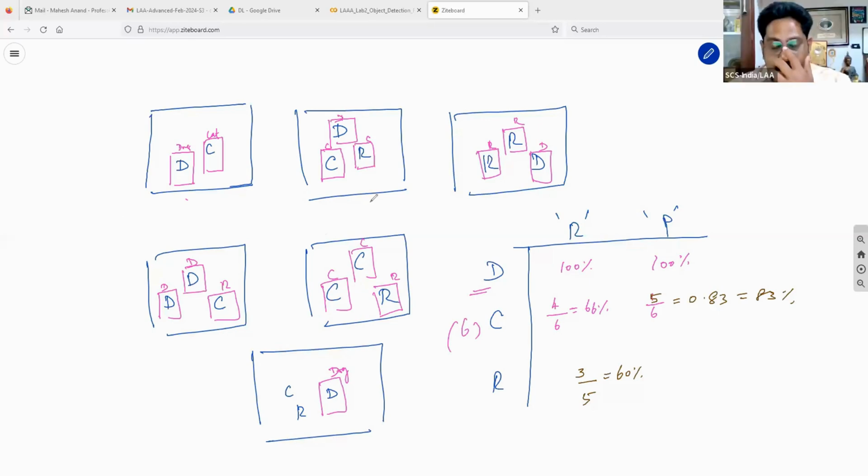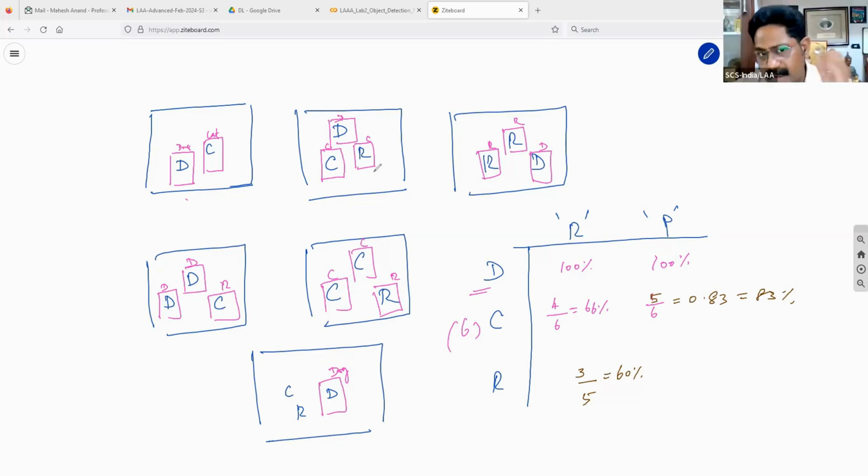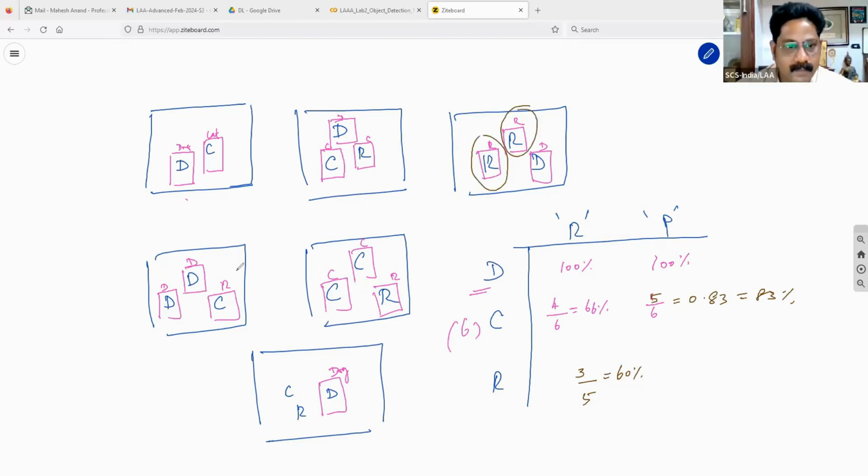So first, let me mark where all the rabbits are. Okay, this is one rabbit. How many records does the model retrieve as rabbit? How many pictures is the model saying rabbit? Model says this is a rabbit. Model says this is a rabbit. Model says this is a rabbit. Model says this is a rabbit.